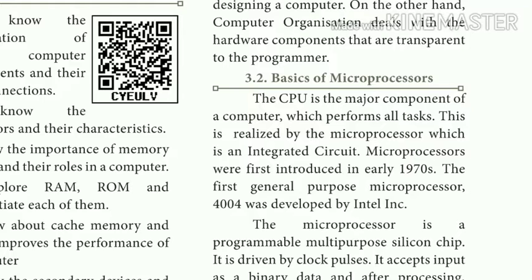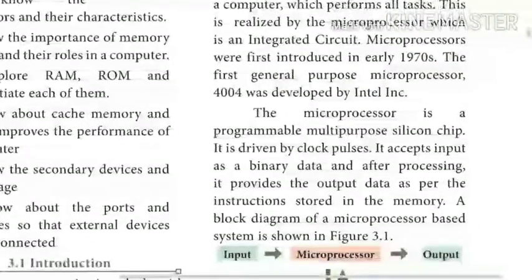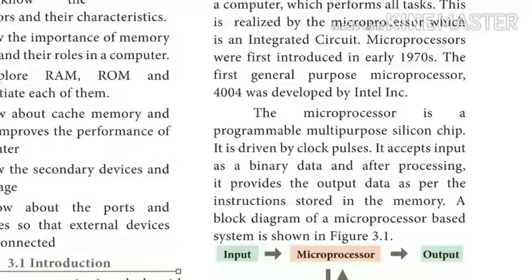Microprocessor is the brain of the computer. Okay, so whatever action you tell to do in the CPU, this microprocessor will do it, and you will be getting the required output. Okay, so the microprocessor is a programmable multipurpose silicon chip. So it is a silicon chip that can be reprogrammed or reconfigured.